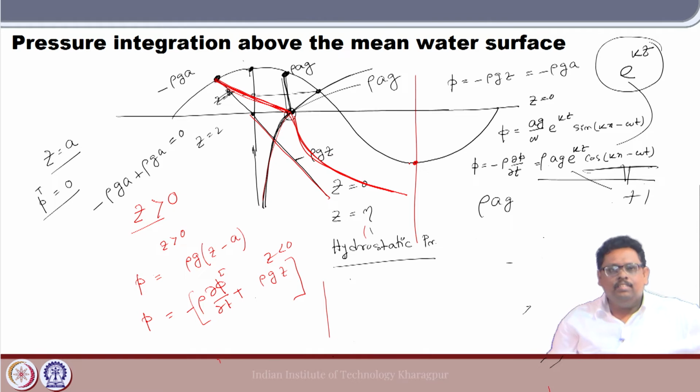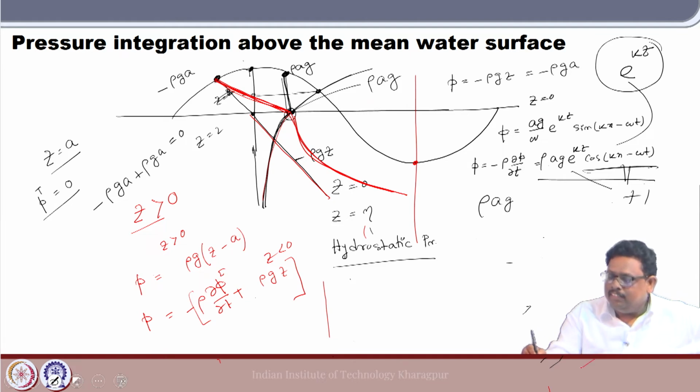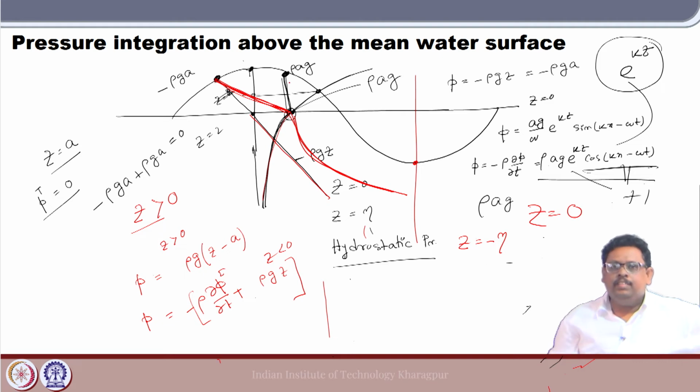In the case of a trough, we really do not use the idea that what is happening at z equal to 0 is the same as what is happening at z equal to minus eta. Here we are assuming that what is happening at z equal to 0 is the same as at z equal to eta. So, in the free surface also we take the value rho g a.